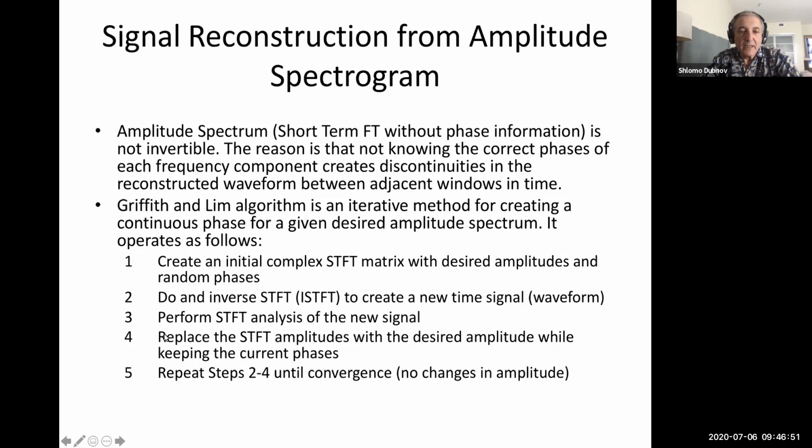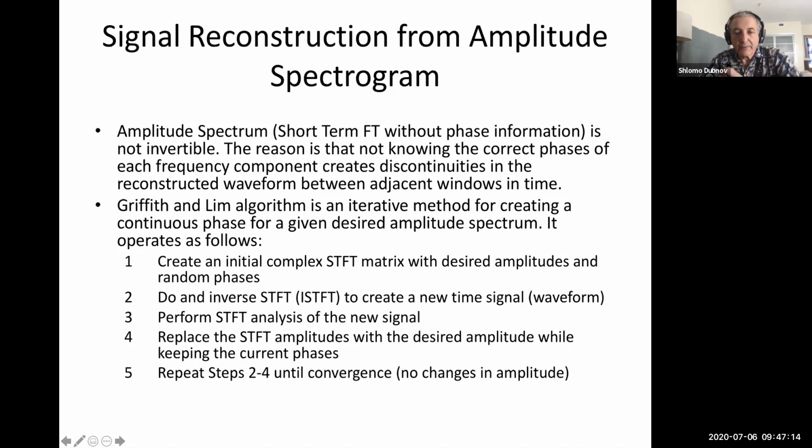Now, because of these discontinuities, the STFT amplitudes will actually be very different from the STFT amplitudes of the original signal. So what we do, we kind of throw away the amplitudes of the STFT of that new signal, and we force or replace them with the original desired STFT amplitude.